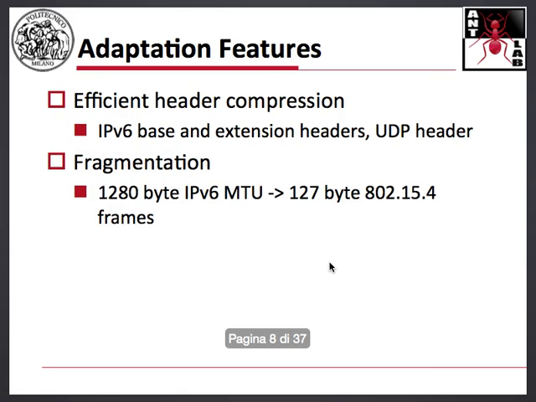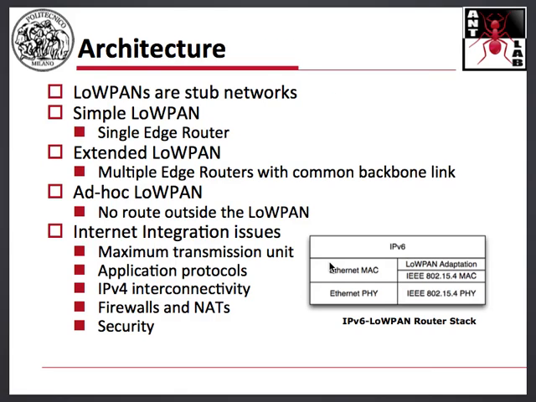If you have a look at the protocol stack placed where this integration happens, for example at the edge router, it has a kind of double stack. On one side it speaks plain IP: it has its own physical layer, its own medium access control protocol, and it speaks plain IPv6.